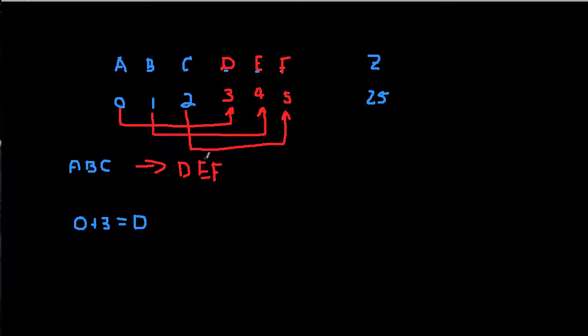Now, what Caesar does, however, is he'll take a letter up here. Let's say we have the letter Y here. So the letter Y is 24. And when he adds 3 to 24, he counts in this way: 1, 2, 3.